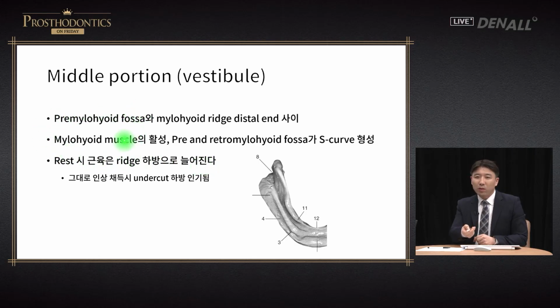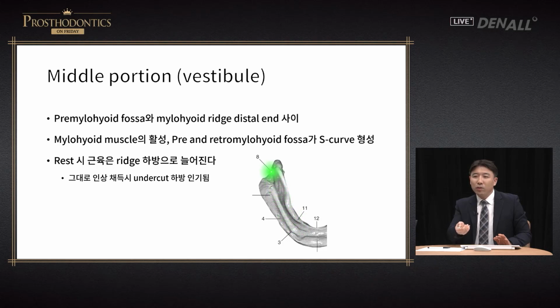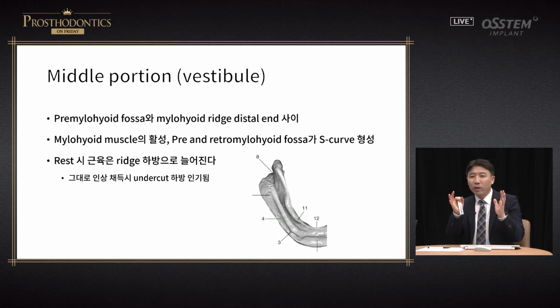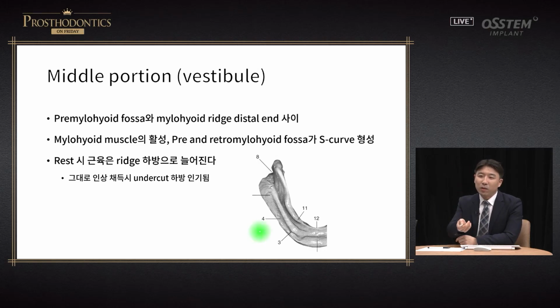In the middle, there's mylohyoid muscle. At rest, the muscle goes down, and upon tongue movement, the floor of the mouth goes up. Once it goes up, on the tongue, we can get the convex form. If the muscle is not activated, then the impression will be straight over here. That is why I've shown you this form in the first slide, and that's why I've mentioned that you should remember this.